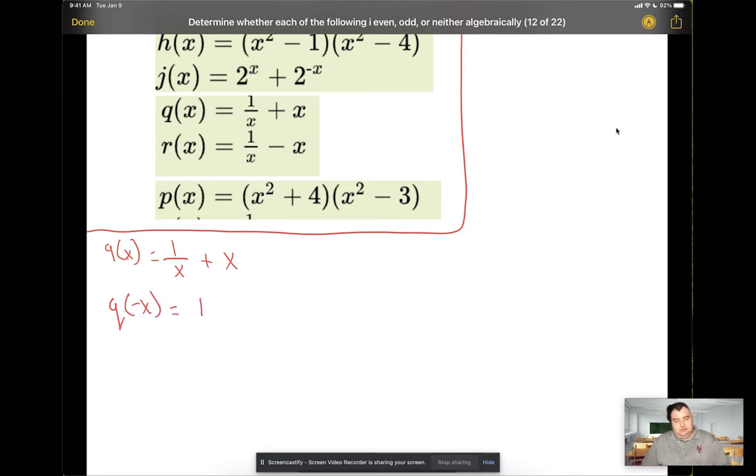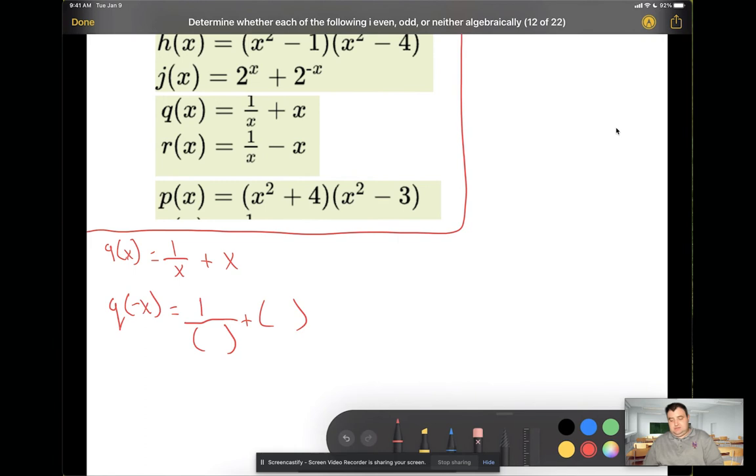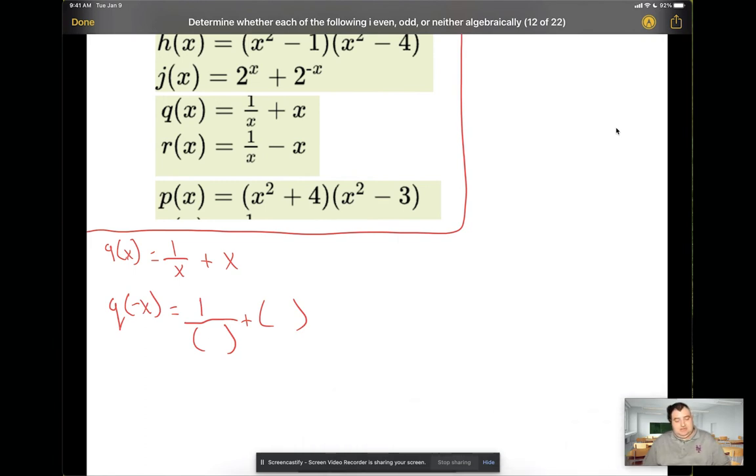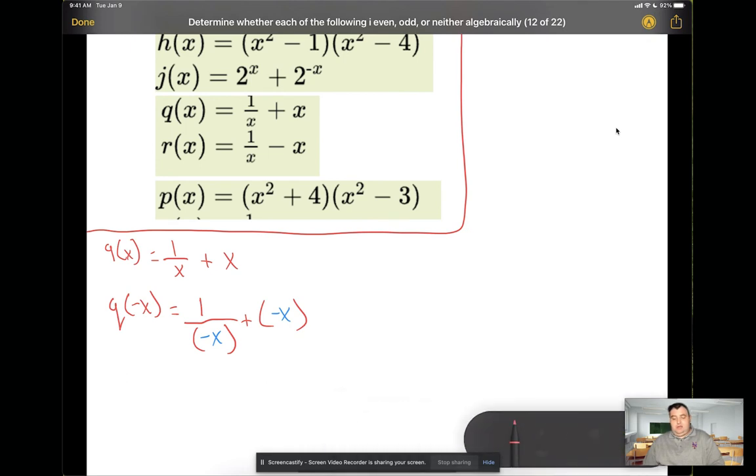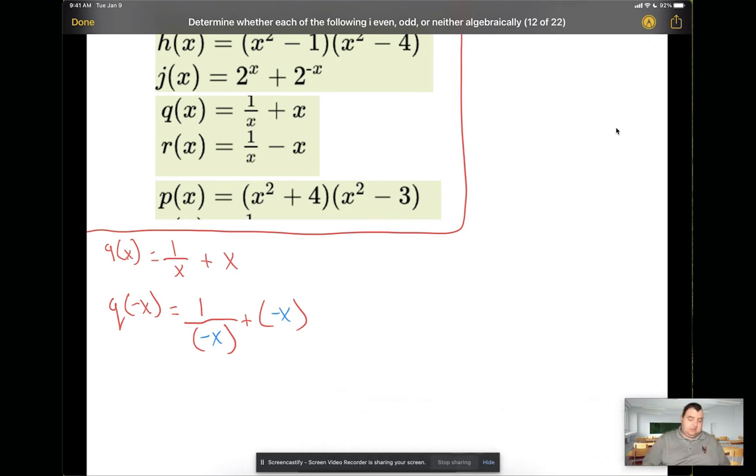In other words, replace x with negative x and see if we get the same thing. If I simplify that, I have 1 over negative x. That's going to make the fraction negative. So this will become negative 1 over x, because 1 divided by negative x will make the overall fraction negative.